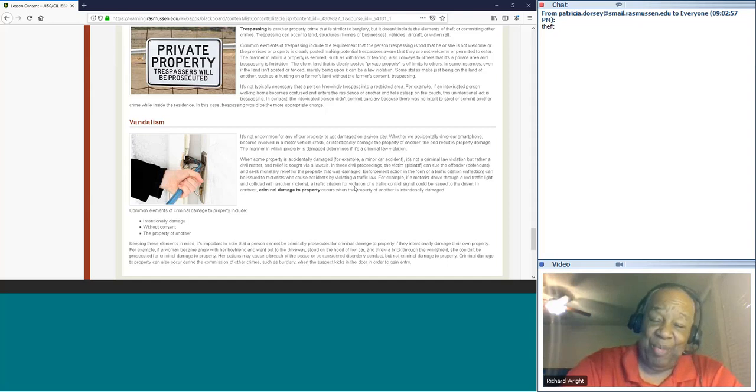Another example of theft is if your cable, gas, light, or water are shut off for non-payment and you go and turn it back on. That is theft of services. And so you can be charged with a property crime for those kinds of things.